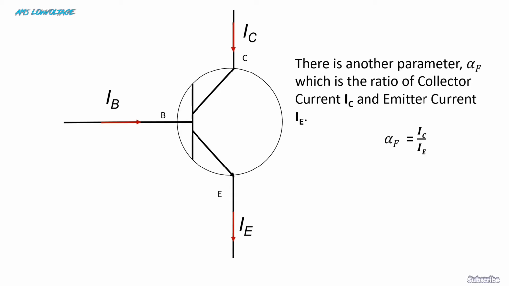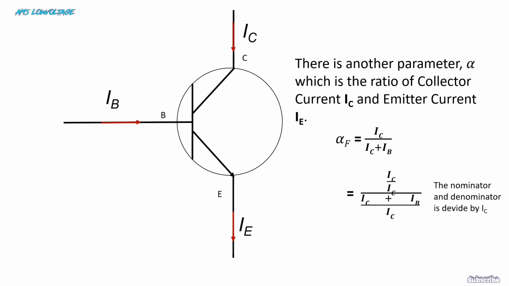Alpha F is the ratio of collector current IC and the emitter current IE. From equation number 3, you can find there is another form of equation.